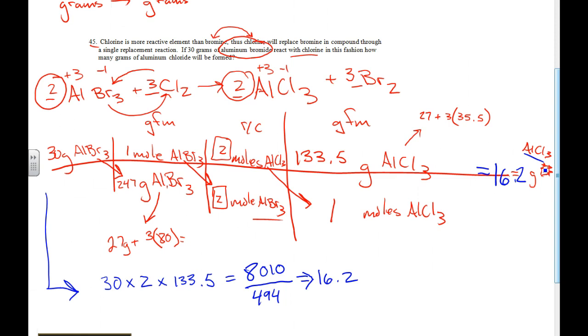Now I want you to think about reasonability. And if you're an easily confused student, which some of you are, not to be rude, then don't listen to the rest of this. But I want you to think sometimes about whether this is a reasonable answer. In this problem we started with 30 grams of aluminum bromide. Aluminum bromide is a more massive compound than aluminum chloride.